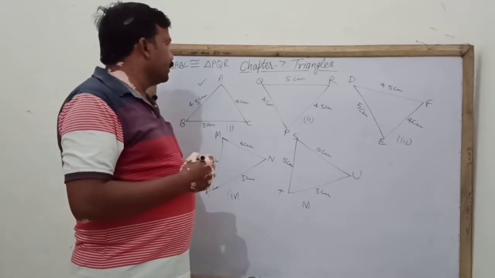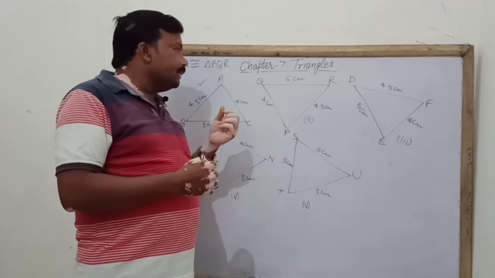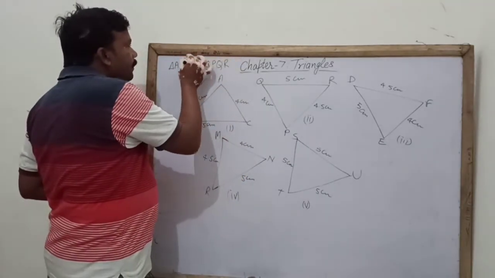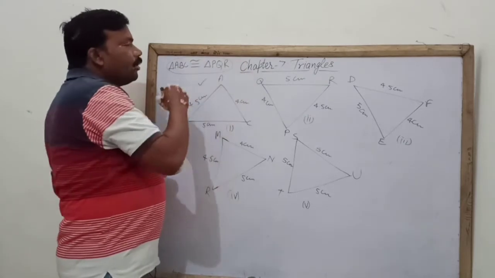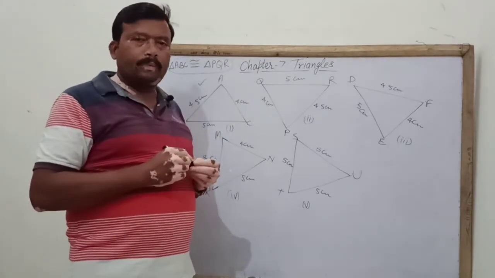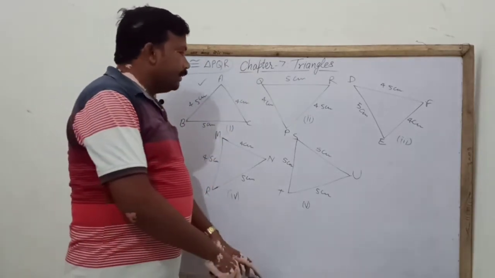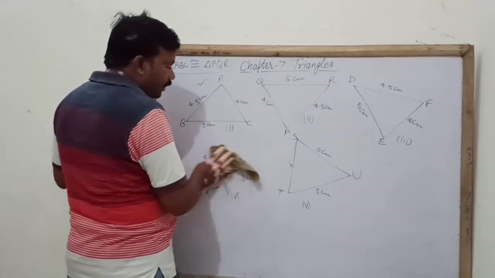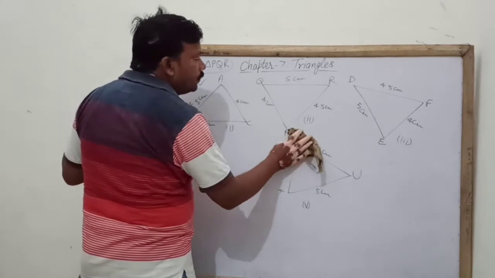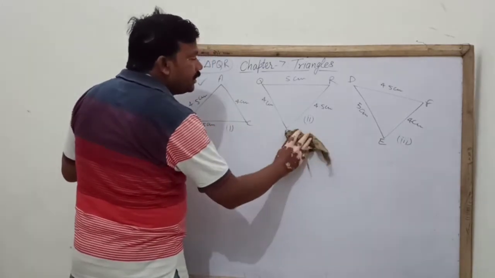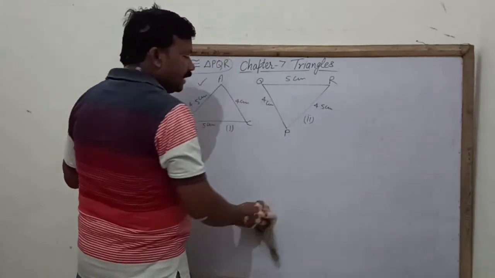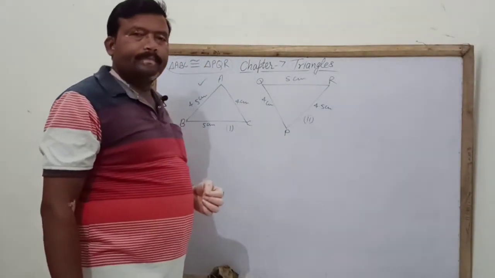But first of all, we will study whether we have written these perfectly or not. So for this, if we erase all these triangles and only concentrate on two triangles, triangle ABC and triangle PQR, then what will you find?